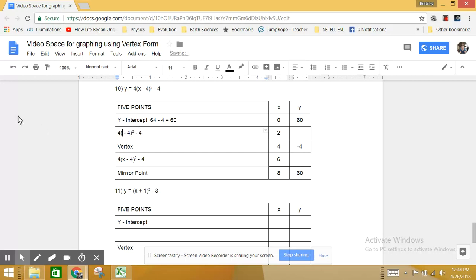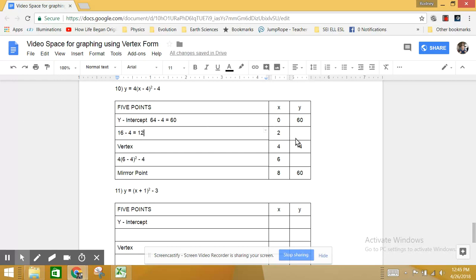Okay, so if I plug in 2 here, and I plug in 6. So 2 minus 4 is negative 2. And negative 2 squared is positive 4. And 4 times 4 is 16. And 16 minus 4 is 12.